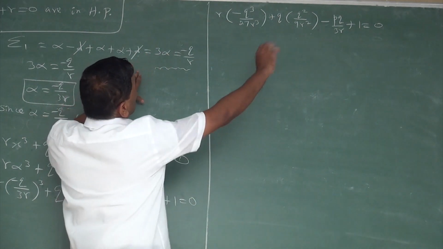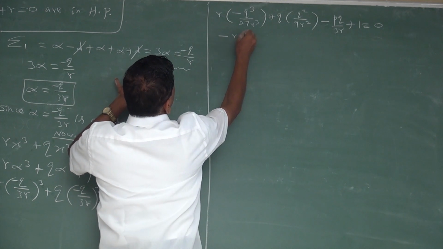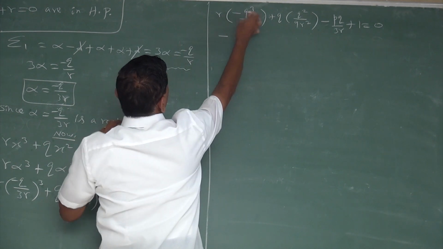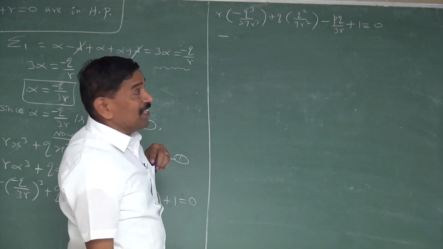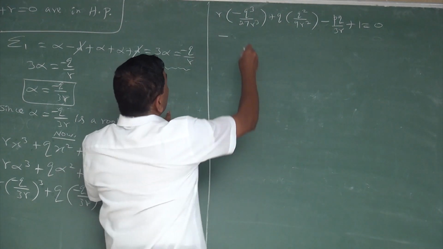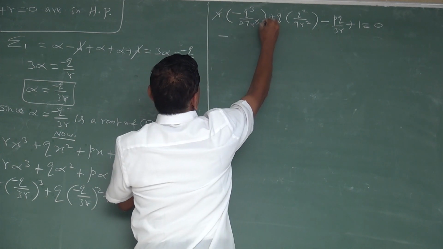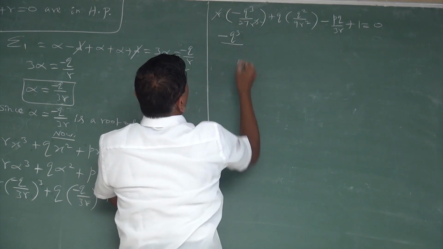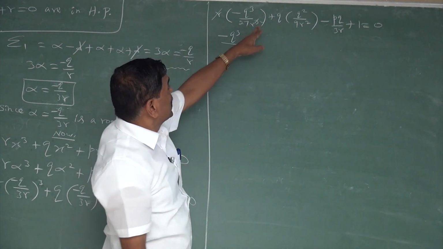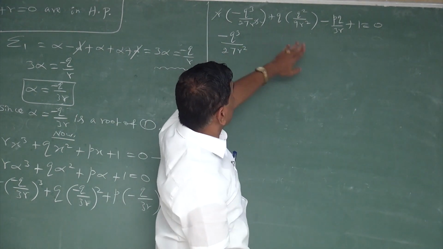Here plus into minus, and here numerator r, denominator r cube: r fully cancels, cube cancels, that means square remains. So plus into minus q cube divided by 27 r square. Come to next.